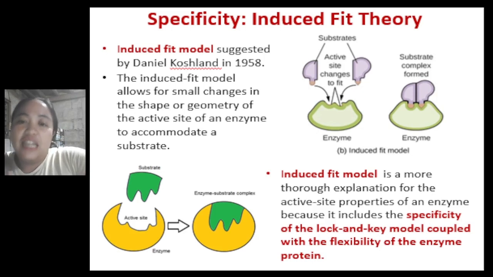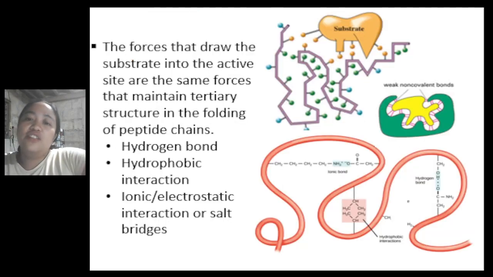Unlike lock and key, where it does not change and only a specific substrate can attach to the active site, for the induced fit model, there can be a small change on the active site to accommodate the substrate. Now, the forces that draw the substrate into the active site are the same forces that maintain the tertiary structure or the folding of peptides.